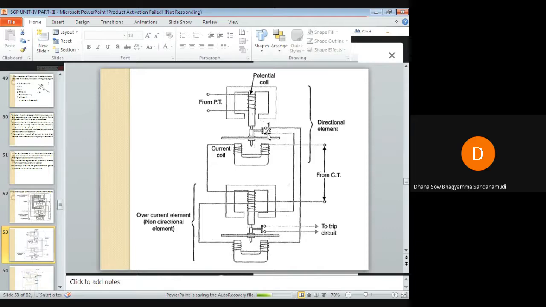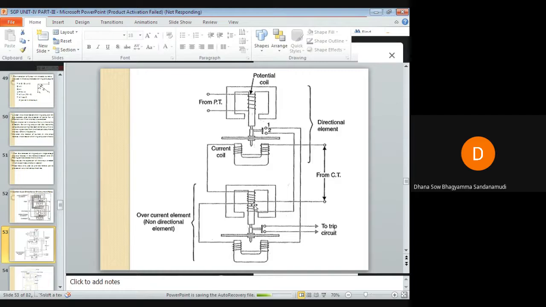So when they come in contact with the fixed contacts, then the circuit of this overcurrent element will be completed, and the secondary is closed. Now when the secondary is closed, fault current is already flowing through the primary, because of the flux that is induced in the upper electromagnet.